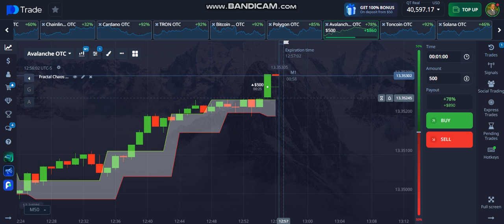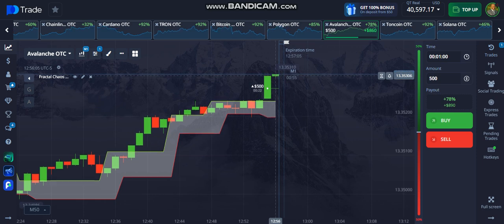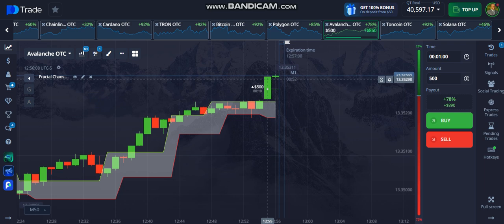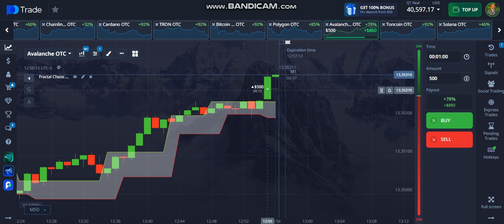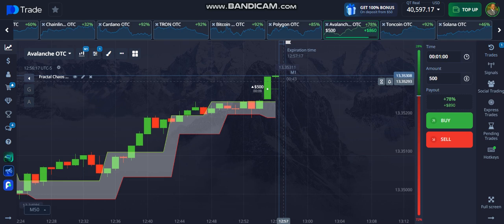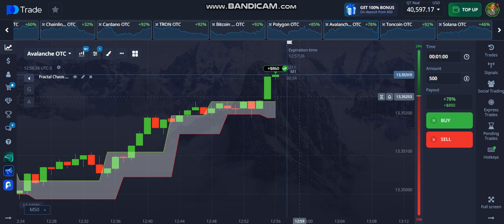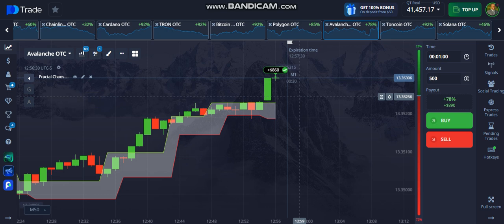Okay, so the price just closed above the band line, but I didn't wait for the candle to close because of this strong move, and I anticipated that the price would close outside the band line. All right, so let's monitor this trade. Okay, so we won that trade. All right, so let me pause the video and look for the next setup.